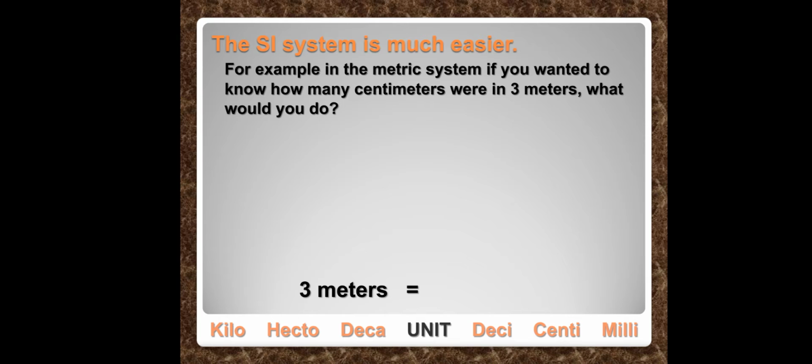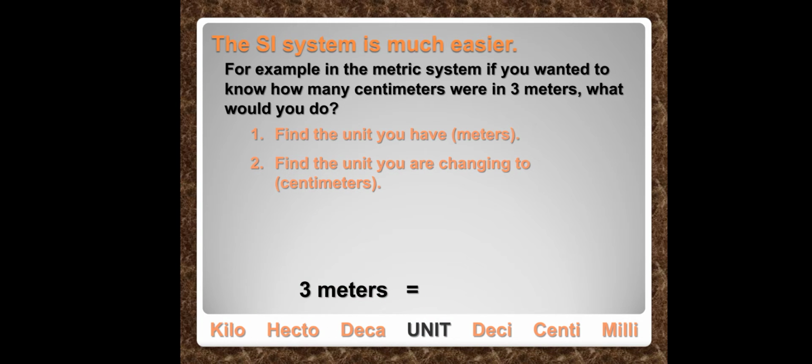3 meters. Find the unit you have, that is meters. Find the unit you are changing to, that is centimeters. Count the number of units in between, that is 2.